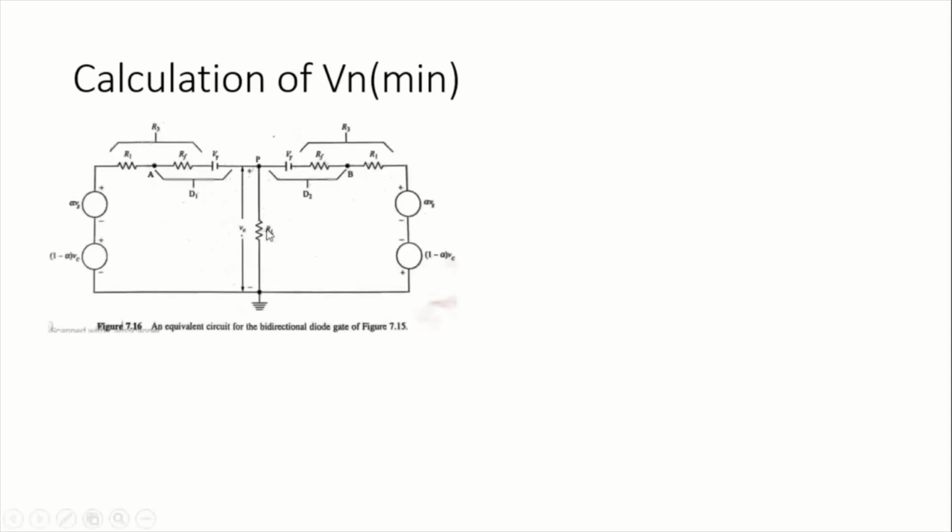Now consider that when both the diodes are reverse biased, the circuit should be like this. Diode D1 is reverse biased, this is the load resistance RL, and here diode D2 is also reverse biased, and here we also have the voltage sources.